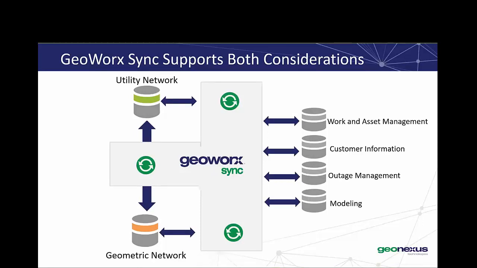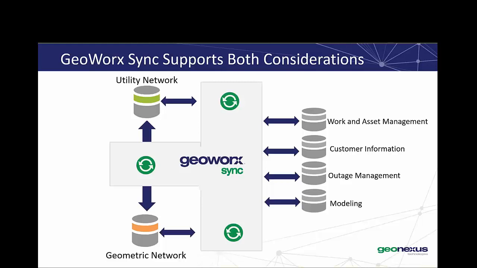And that allows you to transition gradually as you migrate to the utility network. So in other words, you may have some integrations that stay on the geometric network for quite some time, and then you can, as you need to, graduate those over to the utility network by simply taking advantage of our utility network connector at that point in time.